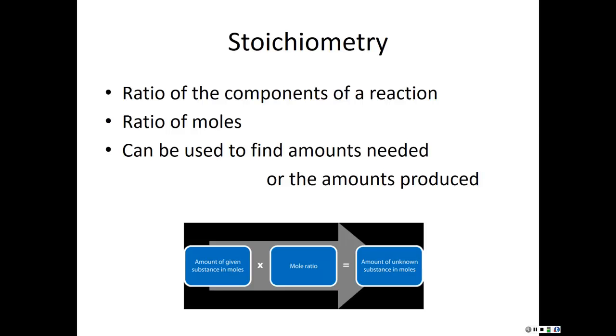So the easiest type of question we can do once we've got this is, say, I have 12 moles of iron, how many moles of O2 are needed? So on your paper, figure out how many moles of O2 are needed to react with 12 moles of iron.